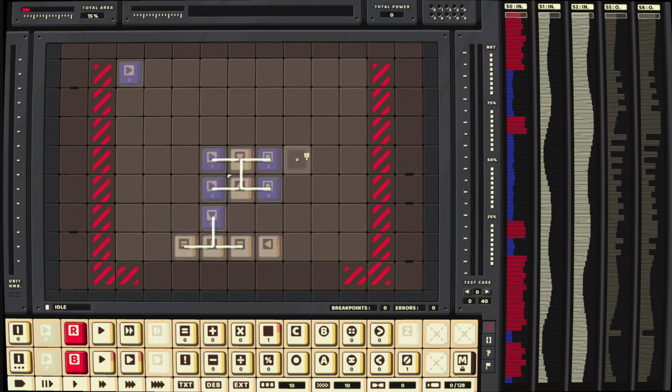If we drew a loop like this with a conveyor to take it away.